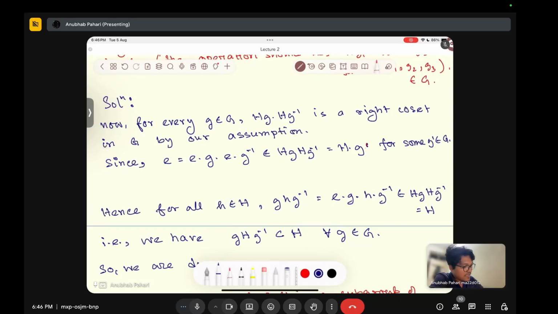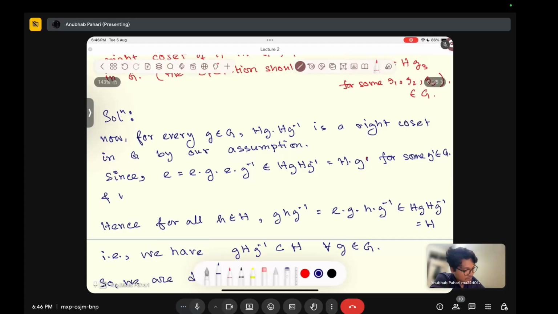So, we have E belongs to Hg, that is Hg dashed.